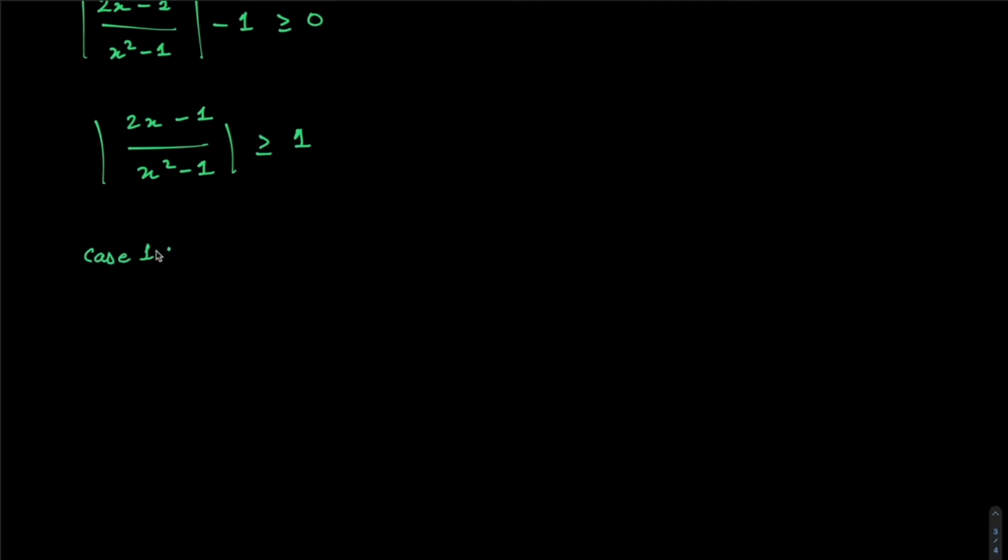Case 1 is when 2x minus 1 upon x squared minus 1 is greater than or equal to 1, and case 2 is 2x minus 1 upon x squared minus 1, which is less than or equal to -1.